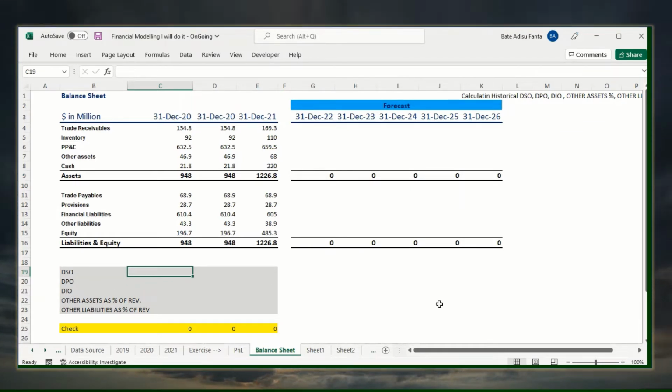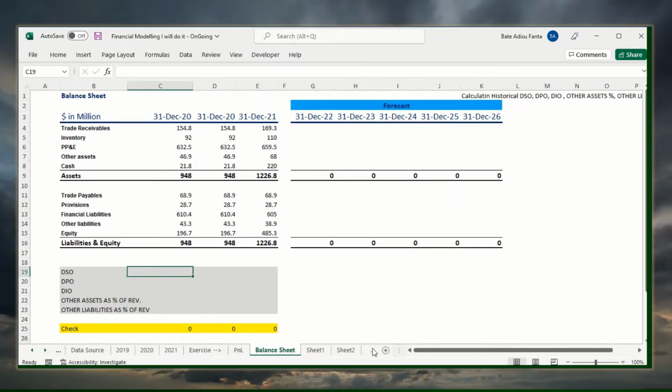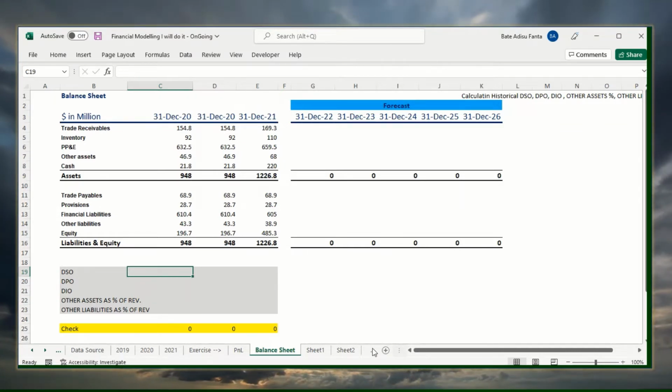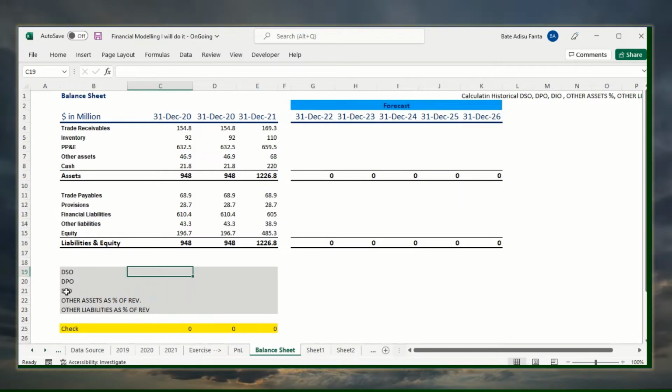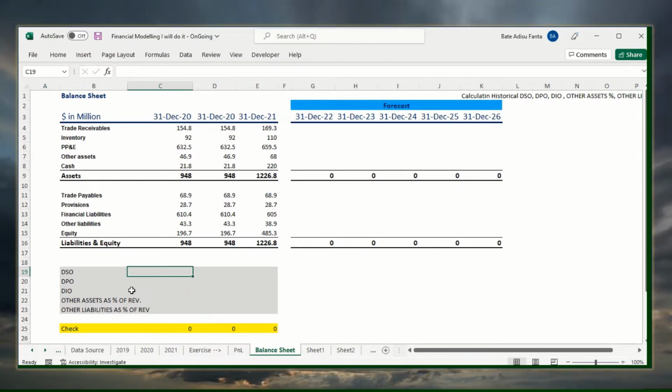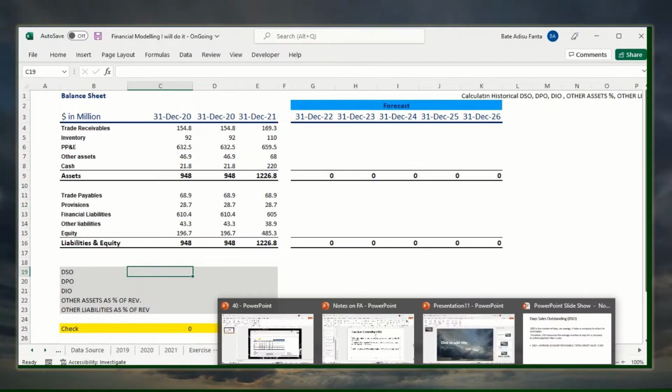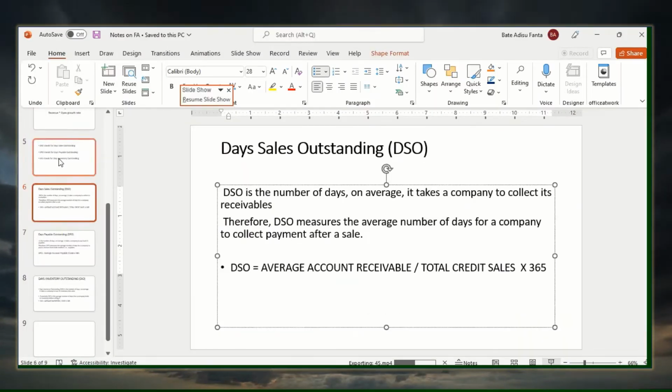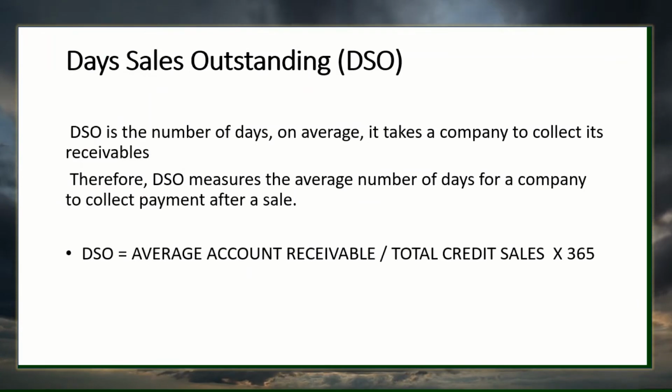I give you a brief explanation on these terms for someone who has no strong accounting and finance background. These terms are very important. Otherwise, we cannot directly go for projecting our future or projected balance sheet. Let's see these terms. Here we go.